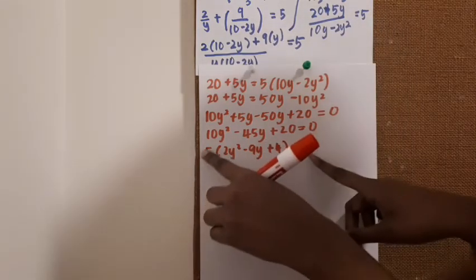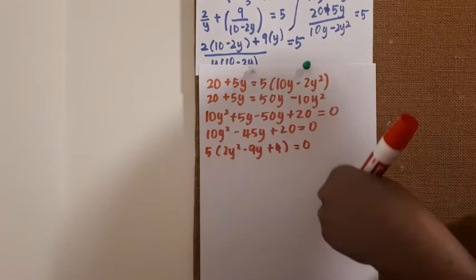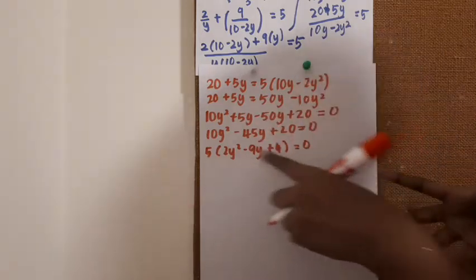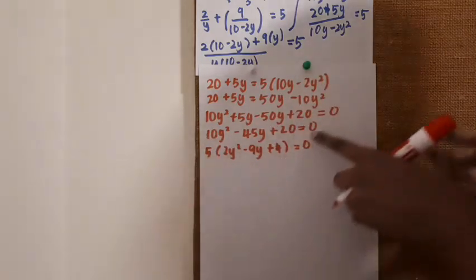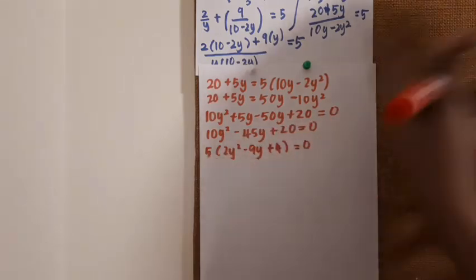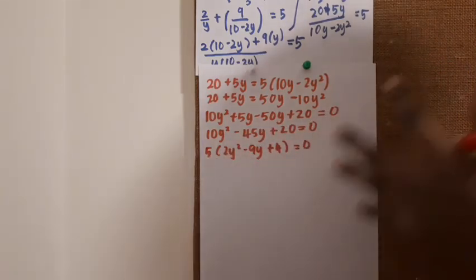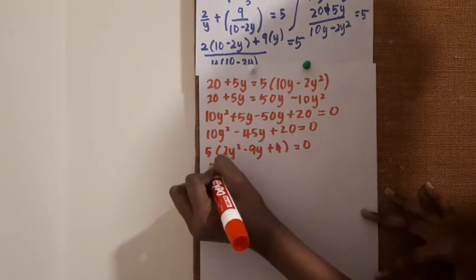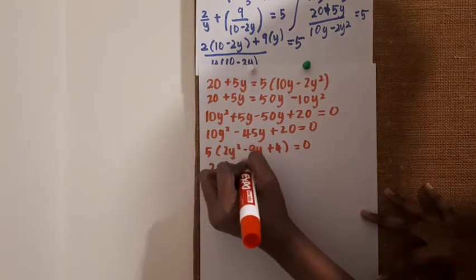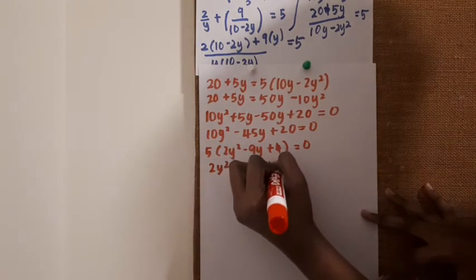When you bring this 5 to the other side, 0 divided by 5 is simply going to be 0. So you can always factorize this to get the y value.